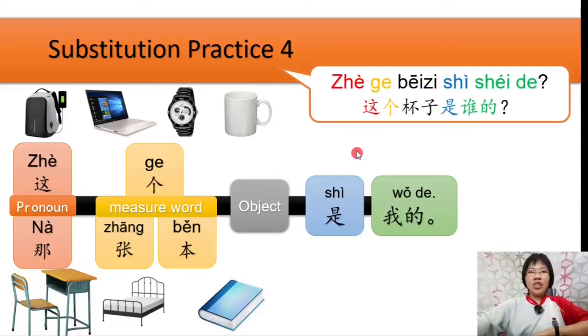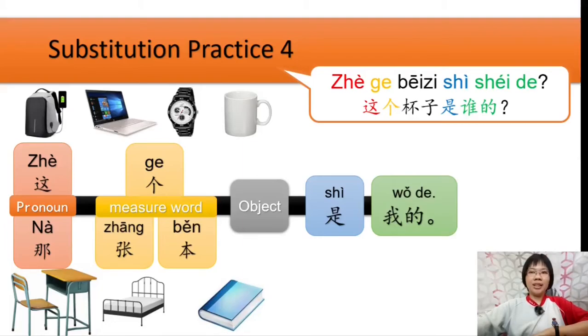Next, 这个杯子是谁的？Let's break down this sentence. 这 pronouns, 个 measure word, 杯子 object, 是 is adalah, 谁的 siapa punya. 这个杯子是谁的？Cawan ini adalah siapa punya.